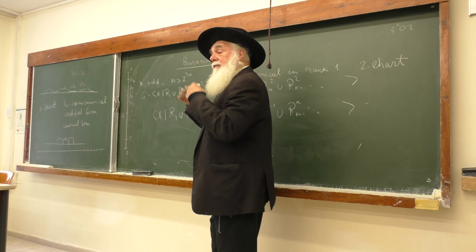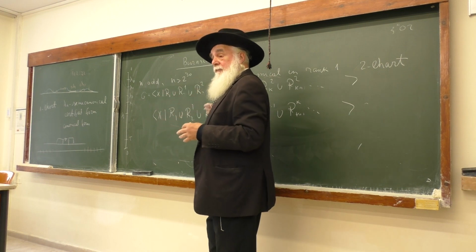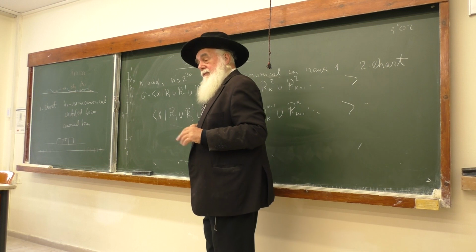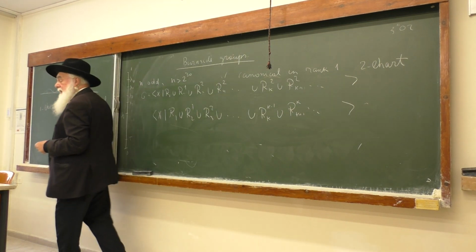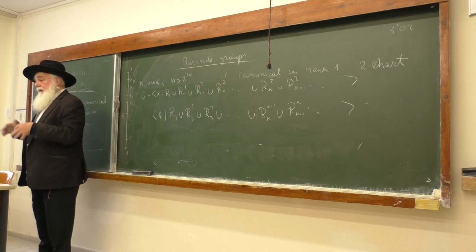So all this converges to a specific form of words. So this was the explanation of how we define the canonical form in general rank.